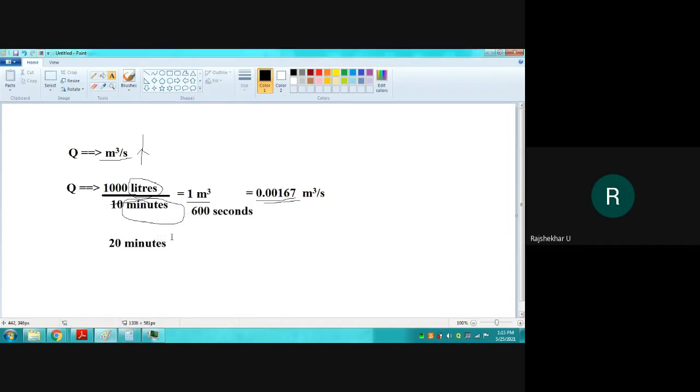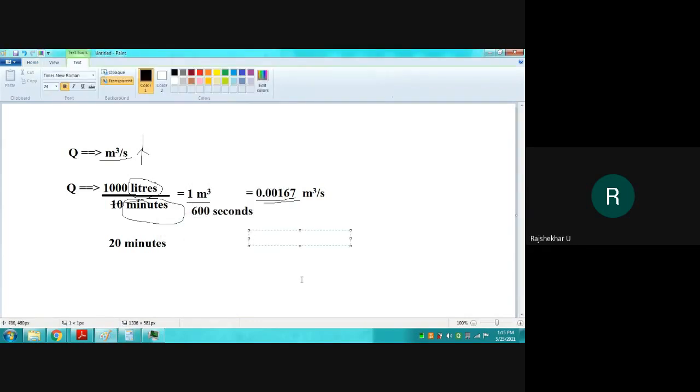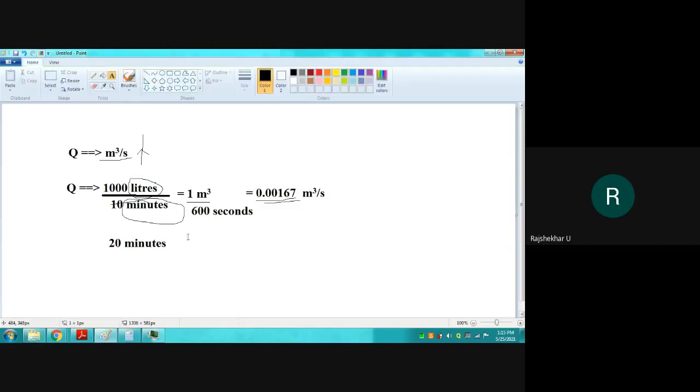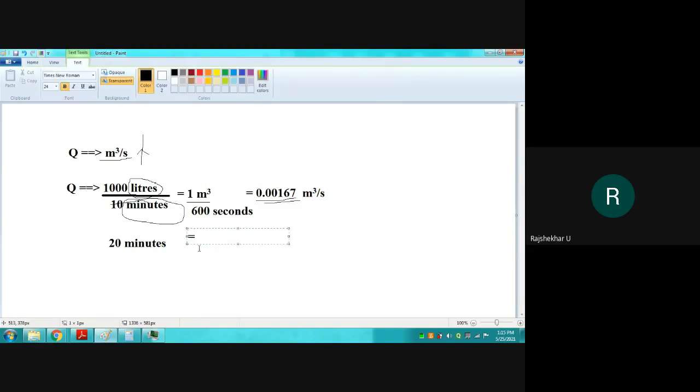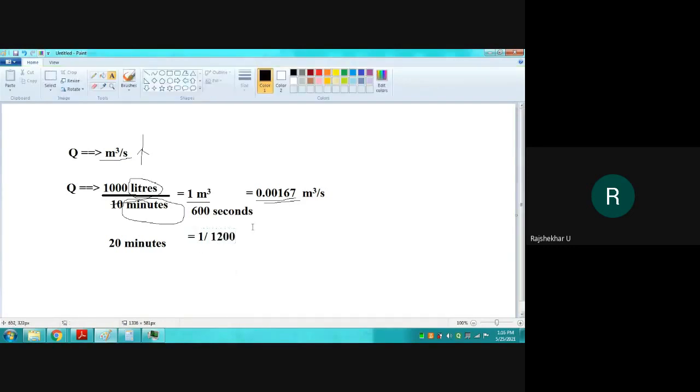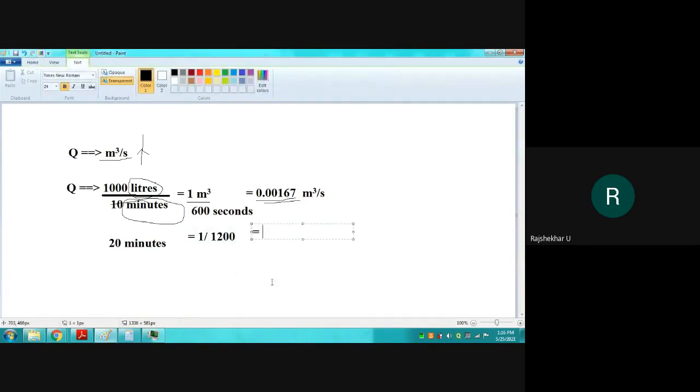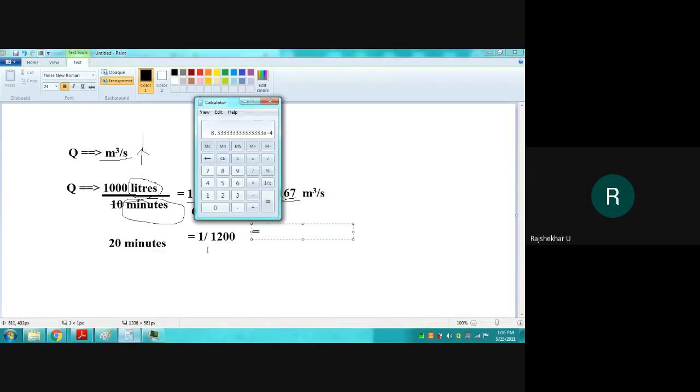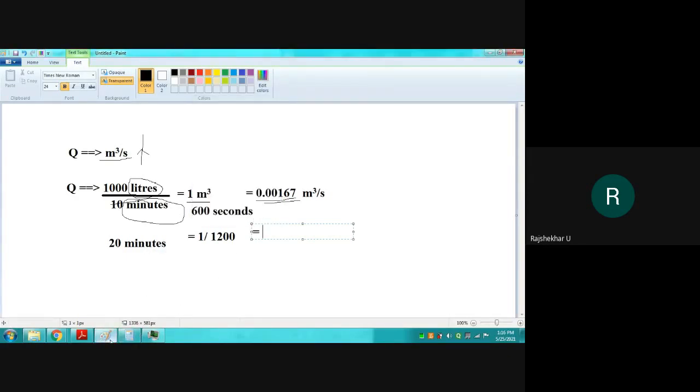So if it is 20 minutes, we have to divide 1 by 1200 seconds. So in 1 second, how much is the discharge? We obtained a value of 8.33 into 10 power minus 4.